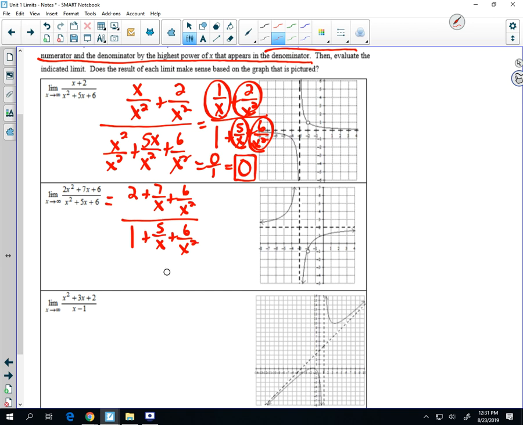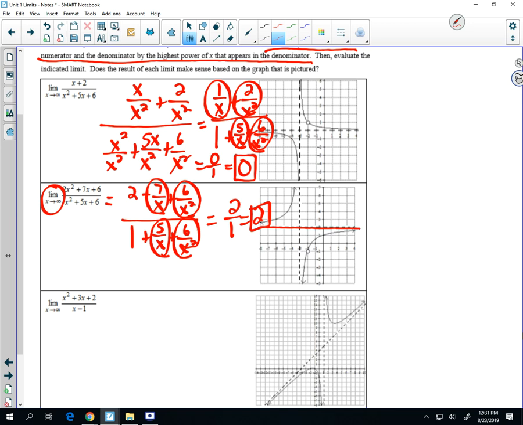And again, as the limit goes to infinity, everything that's a constant over x is going to go to 0. And then look what we're left with. We're left with those leading coefficients. The leading coefficient is 2 over 1 or 2. And you can see that that's your horizontal asymptote in that problem.